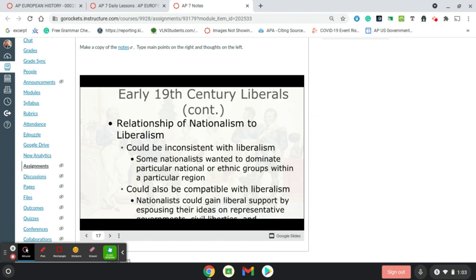Nationalists and liberals didn't necessarily get along all the time, but there would sometimes be compatibilities between the two. In fact, both of them usually backed a republican form of government. So in other words, when we were electing representatives. They also both backed having broader civil rights and liberties.